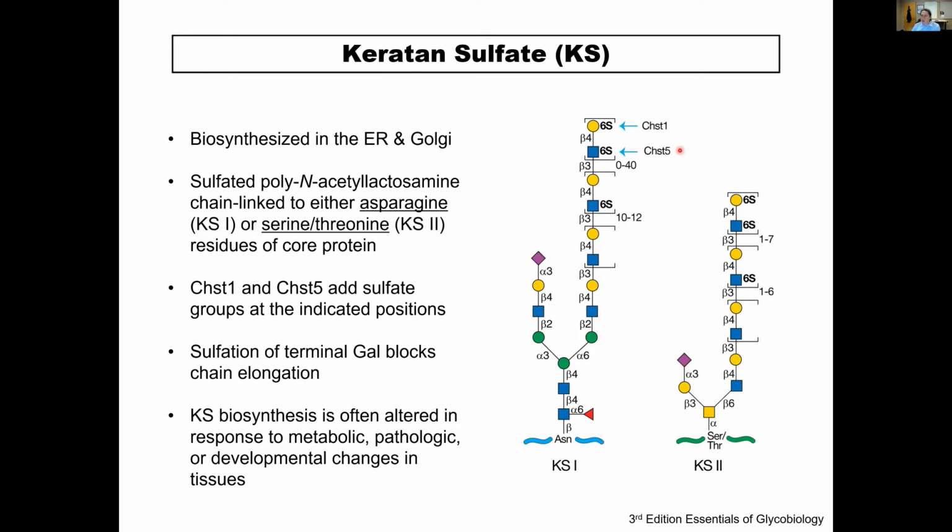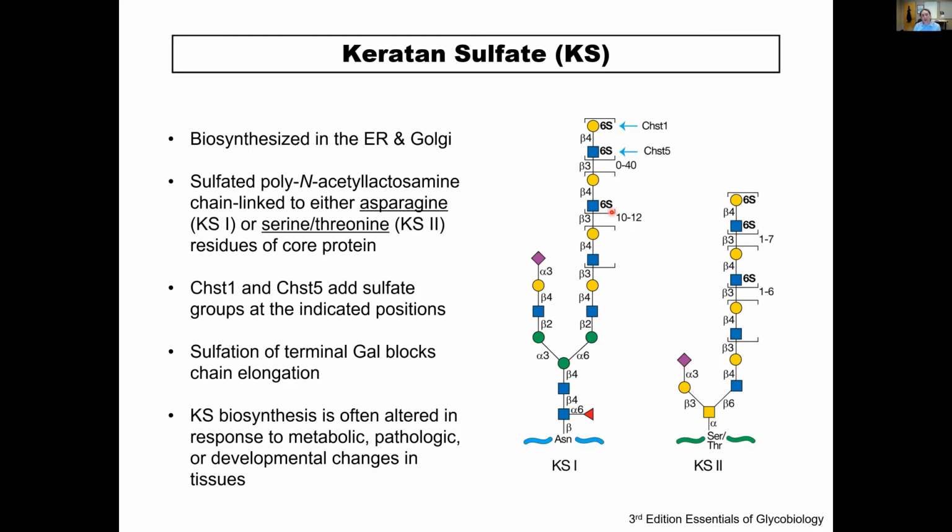And I'm just showing two examples of two sulfotransferase enzymes that either add a 6-O sulfate group to the galactose or the N-acetyl-glucosamine. So this can be extended out as a long polysaccharide that can be sulfated, and this is where it interacts with different proteins and growth factors as well.